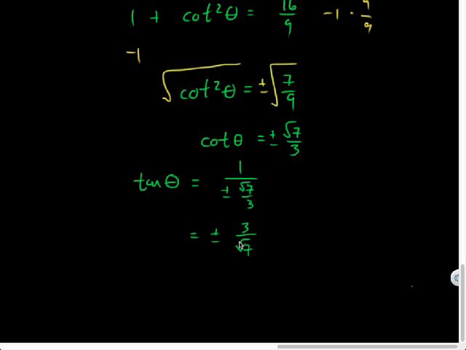And how do I get the root 7 out of the denominator? Multiply by rad 7 over rad 7. And we will get tan theta is equal to plus or minus 3 square roots of 7 all over 7. And we could get decimal approximations for that if that's what we were looking for.